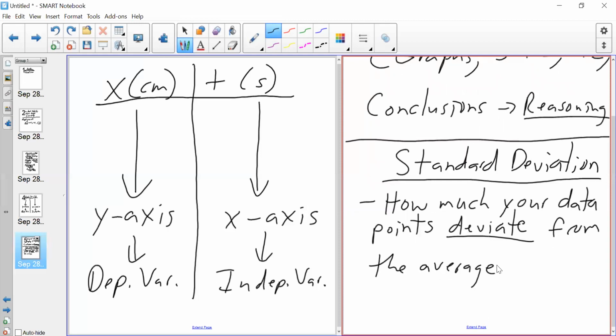And the average in your case, or in any case, is going to be the best fit line. Why would I say the line of best fit? Because we're going to get that one line that averages or goes through all of your data points in the best way possible. That's why we call it a best fit line.